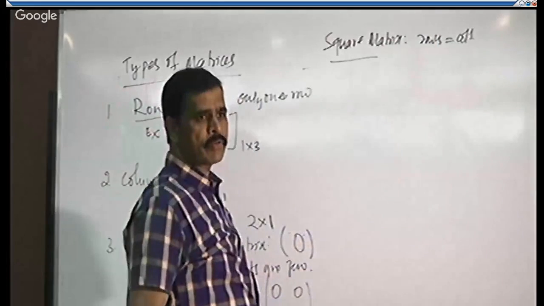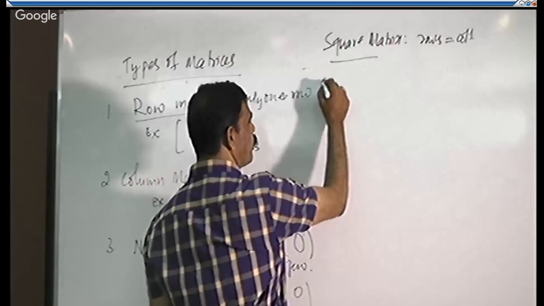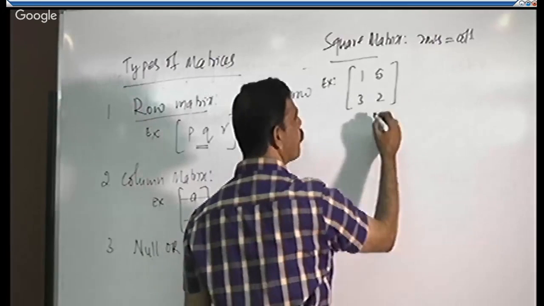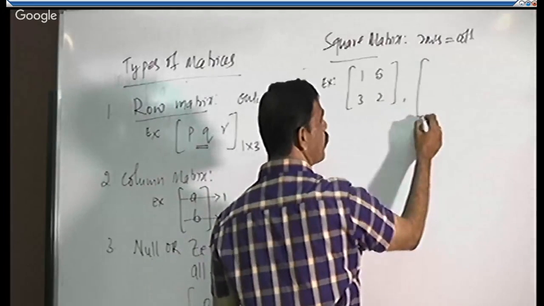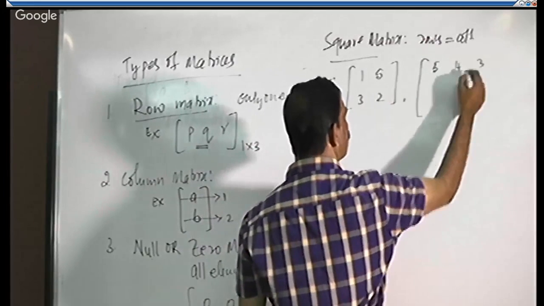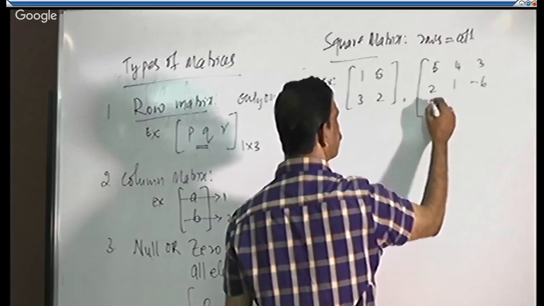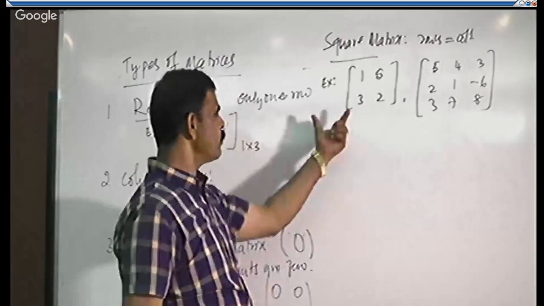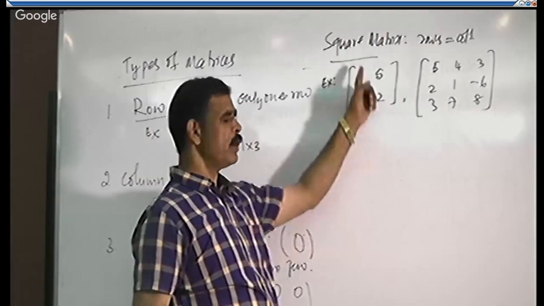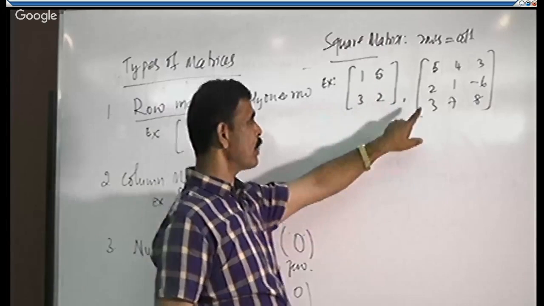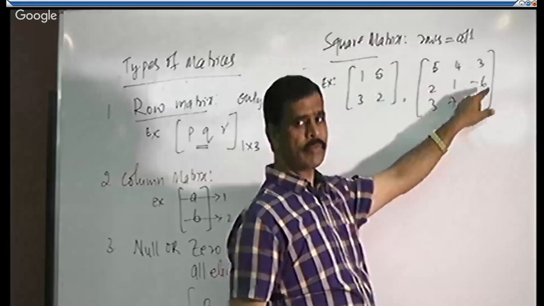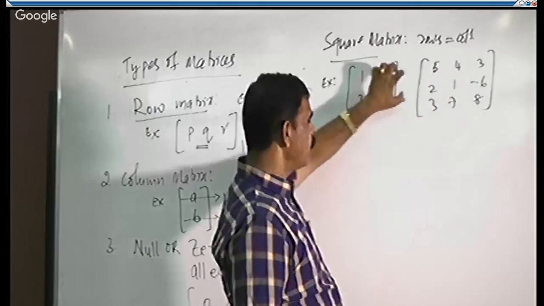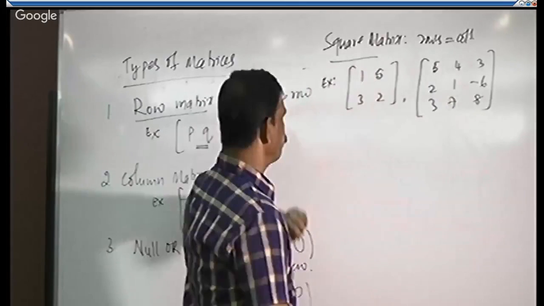Example: 1, 5, 3, 2. Take another example: 5, 4, 3, 2, 1, minus 6, 3, 7, 8. In the first matrix, we have 2 rows and 2 columns. In the second matrix, we have 3 rows and 3 columns. Then its order is 3 cross 3. Its order is 2 cross 2.